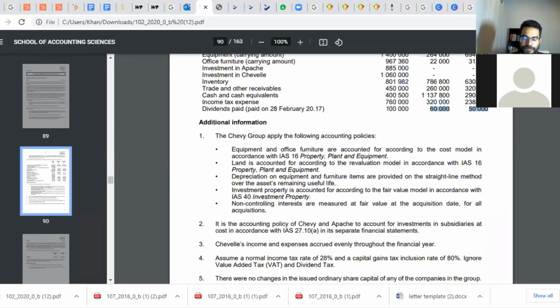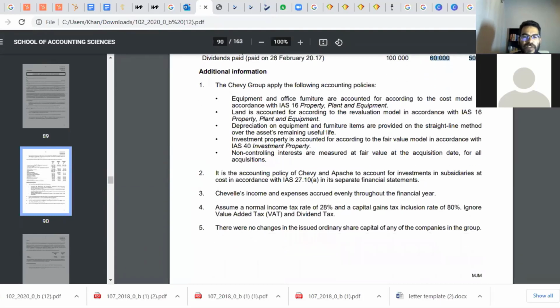IAS 27 gives you two options. Option number one, to account for an investment at cost or in terms of IFRS 9. IFRS 9 has a further two options. IFRS 9 says you have to measure at fair value, either through profit or loss or through OCI.